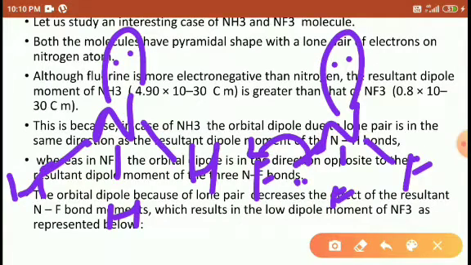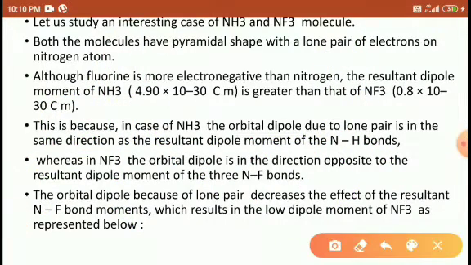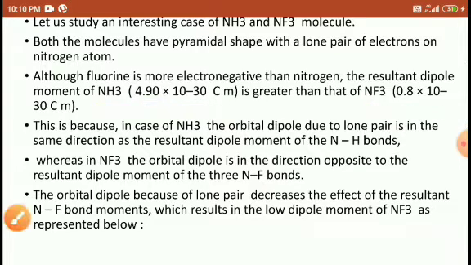But in the nitrogen-hydrogen bond, hydrogen is less electronegative than nitrogen, so the pair of electrons is shifted toward nitrogen. So the NH3 dipole moment, 4.9 times 10 to the power of minus 30 coulomb meter, is greater than that of NF3, 0.8 times 10 to the power of minus 30.